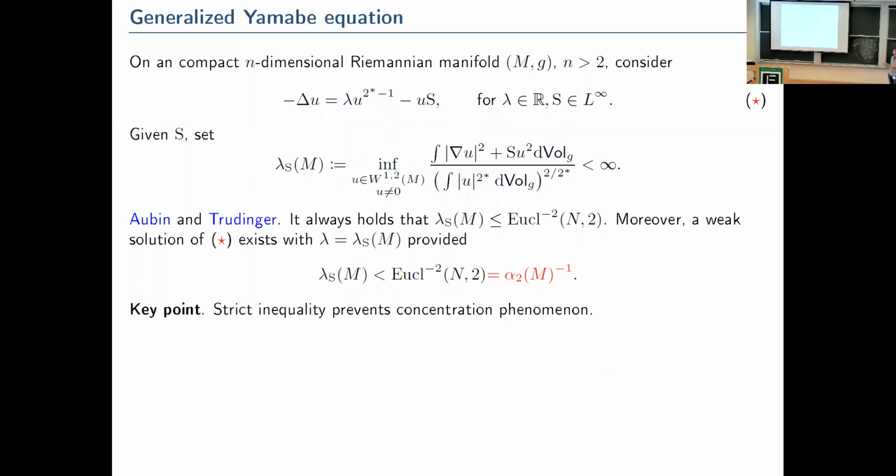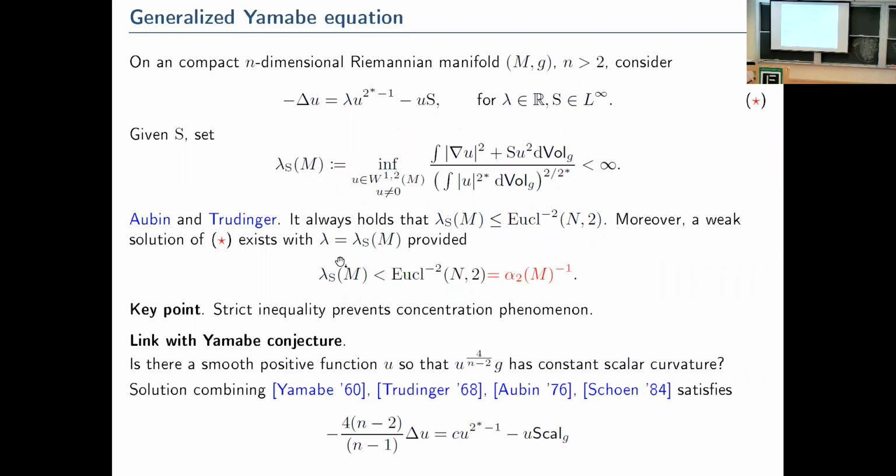The reason why this strict inequality is crucial for the existence of a solution is that it prevents concentration phenomena of optimizing sequences. This is called the generalized Yamabe equation. Also in, for instance, Hebey's book, it's called the generalized scalar curvature equation, because there is a clear link with the Yamabe conjecture, which basically asks whether a smooth positive function exists such that the conformal transformation has constant scalar curvature.